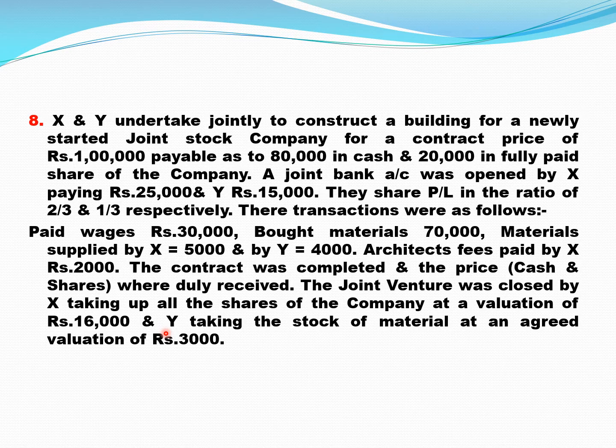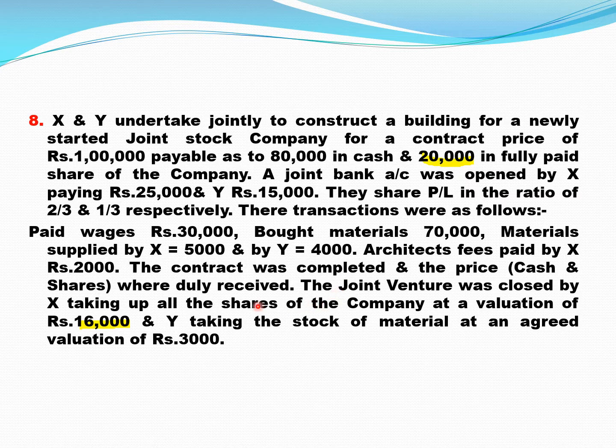However, we are not preparing the shares account. The total value of the shares, if you look at the top, is 20,000. 20,000 shares are being taken by X at 16,000. So you get a loss of 4,000.